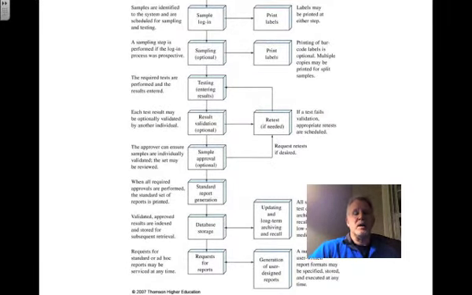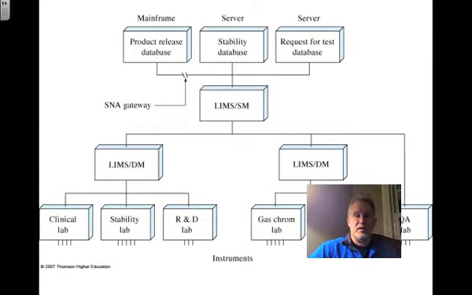This is a long slide that basically walks you through all the possibilities of what needs to happen as you bring something into the lab, as you test it, as you validate it, as you generate reports, as you store those reports, and then as those reports are sent out. Now, how does that happen?